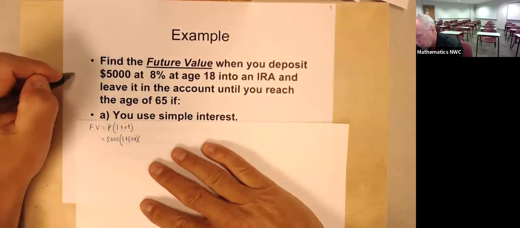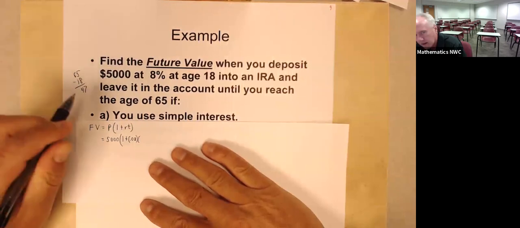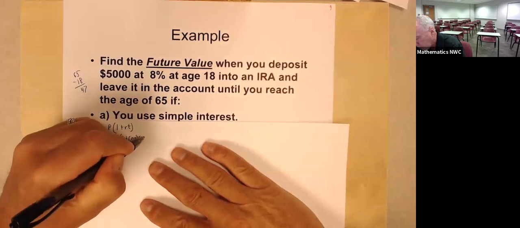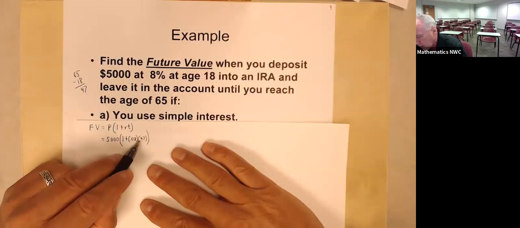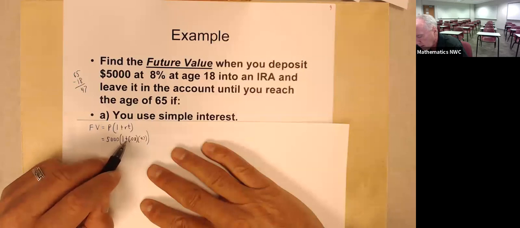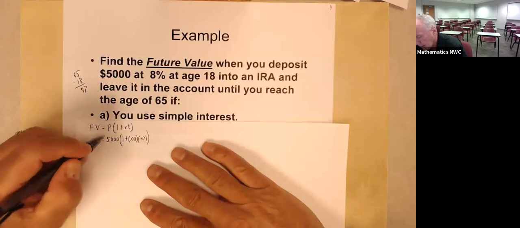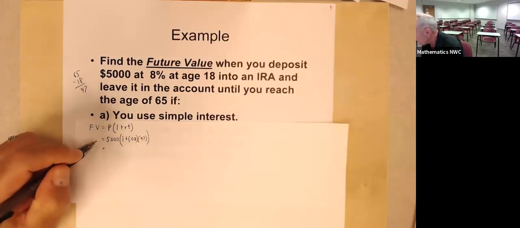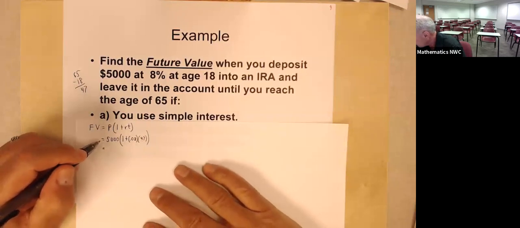Well, we would have taken 65, subtracted 18, and we would have gotten 47 years. So my time here is 47. You would multiply these two together first. So 0.08 times 47, enter, plus 1, enter, times 5,000, enter, and you would be done. And what you would end up with is 23,800.